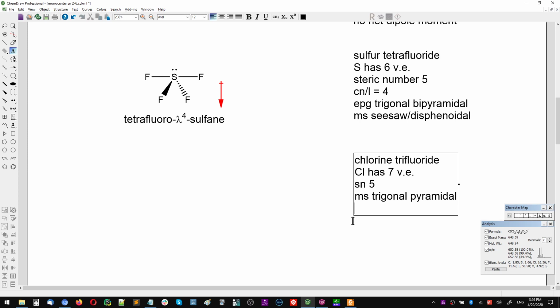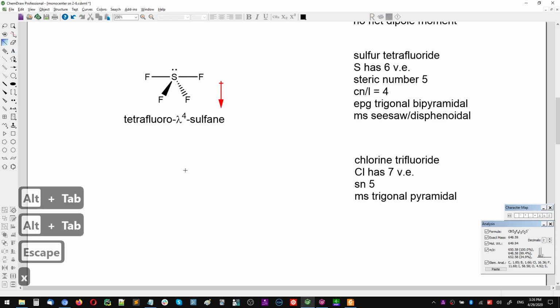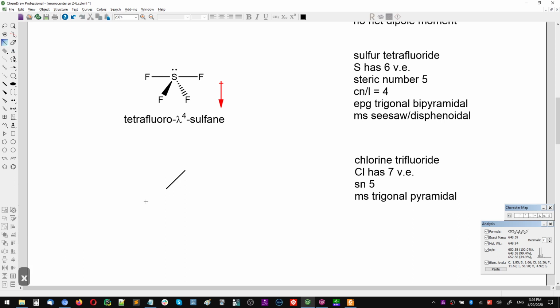Okay, let's see. So in my opinion, how would I draw it so that it looks nice in 3D? This, this. Okay.